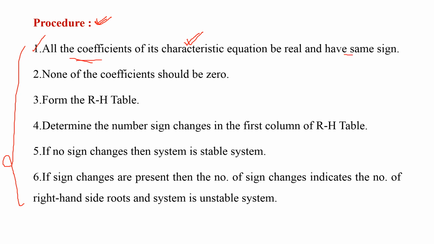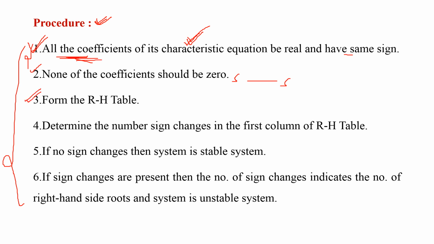In the second point, we identify whether all the coefficients, from the highest power of s to the lowest power of s, are present or not. If these two points are satisfied, then only we form the RH table.